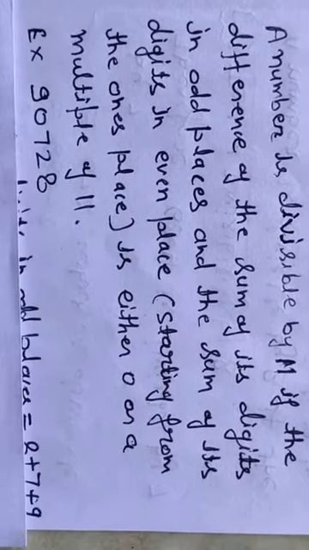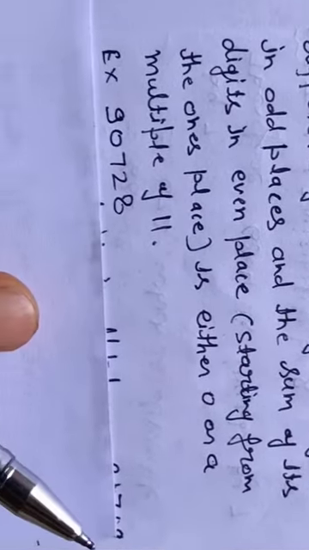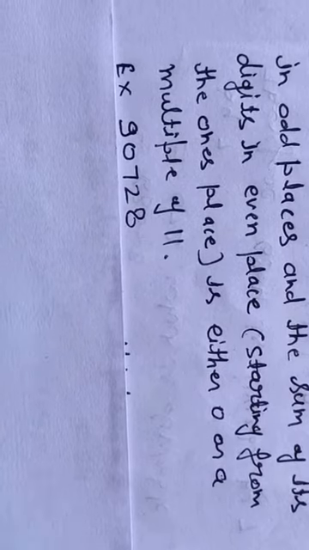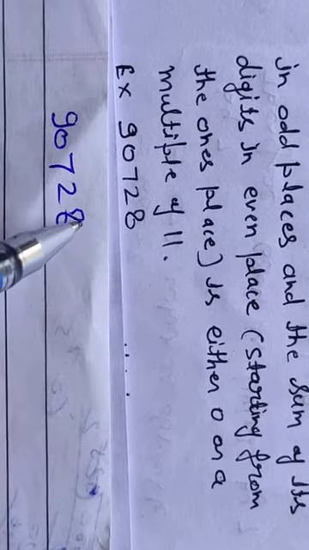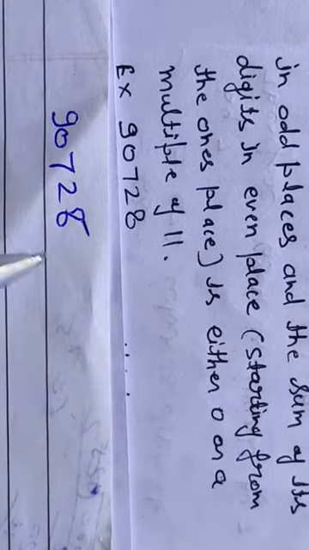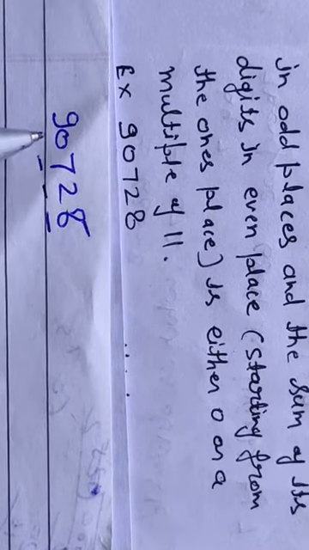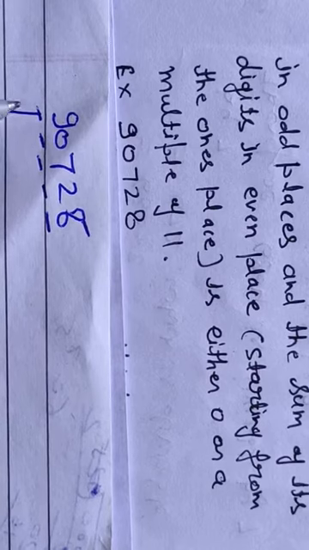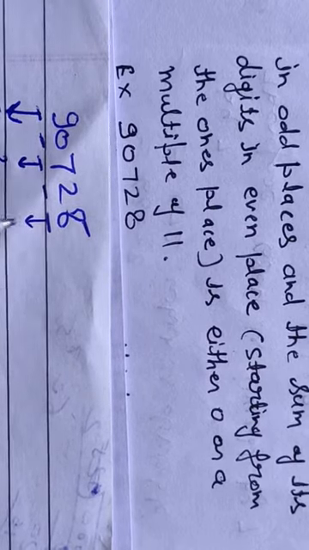For example, suppose we have a number 90728. Okay, so see carefully. 90728 is the number. We will start from the one's place digit, that is from the right hand. So first place, second place, third place, fourth place, fifth place. These are the fifth place, these are the third place, these are the one's place.